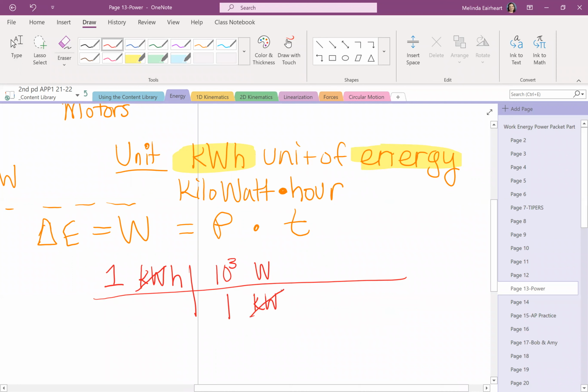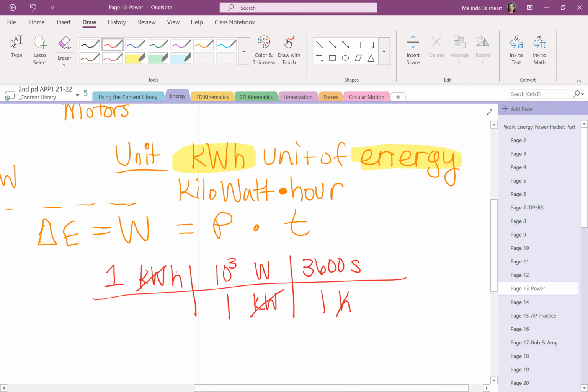And so kilowatt goes away. Now we're at watt hours. Let's get it to seconds. And so 1 hour, now we could go to minutes. So there's 60 minutes in 1 hour, 60 seconds in 1 minute. How many seconds are in 1 hour? 3,600.